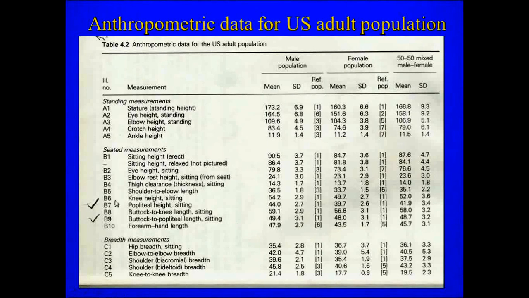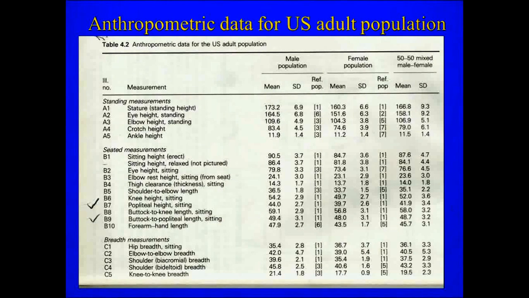So we'd come down to the B7, as you can see right here, come straight across, and you can see for my mean value I'm looking at 41.9. My standard deviation is 3.4. For the buttock to popliteal length, it is now 48.7. Standard deviation is 3.2. So having this information now can help us fill in the particular equation to give us an answer about our interest in the range.